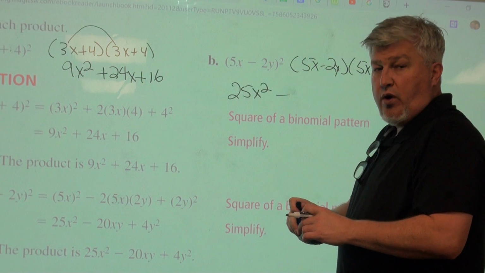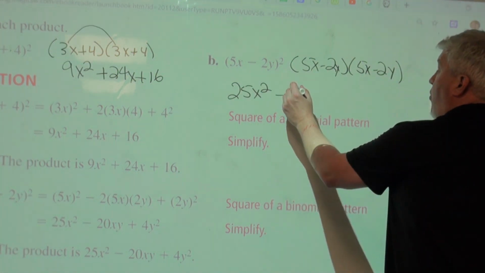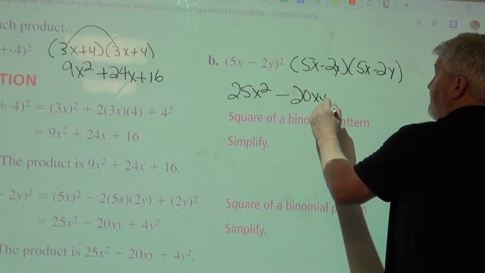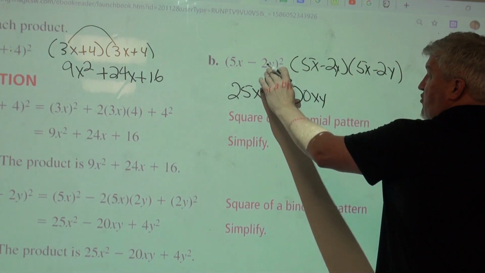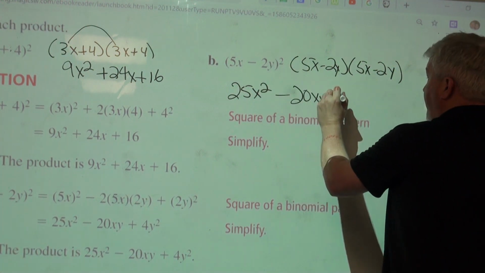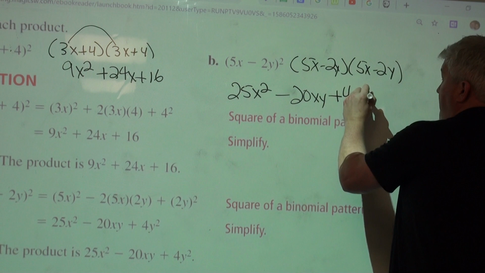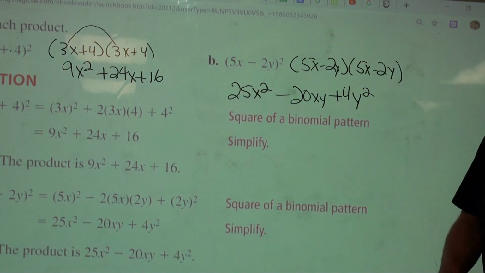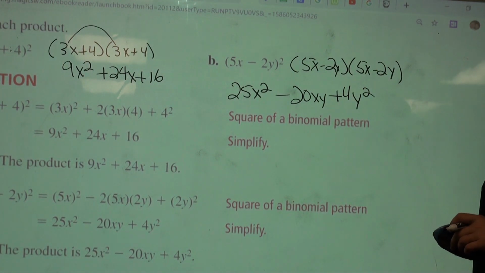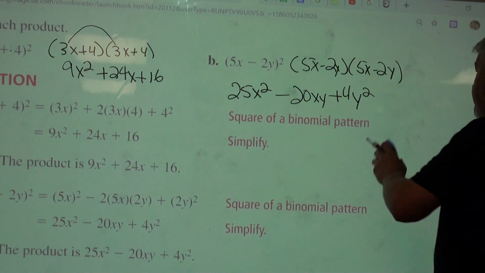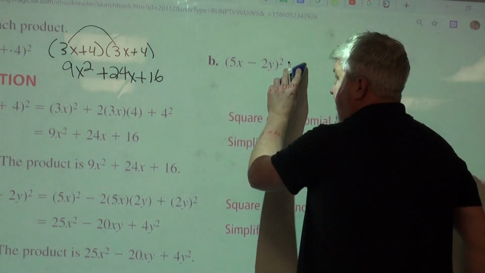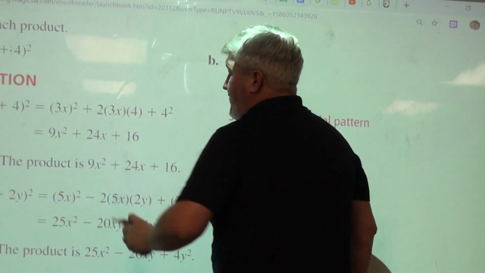Double it, minus 20xy. And then the last term, you just square it. 2y squared, it's always a positive. Plus 4y squared. Okay? Not a big deal. Really, really easy. You guys are very capable of doing this.